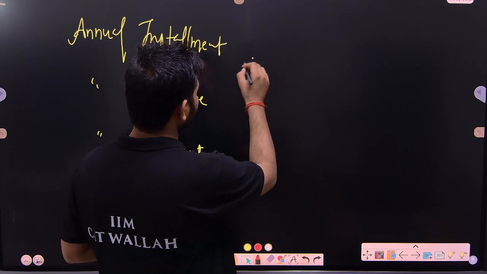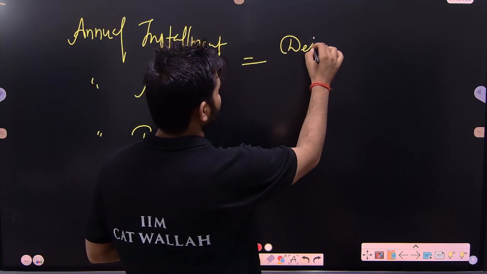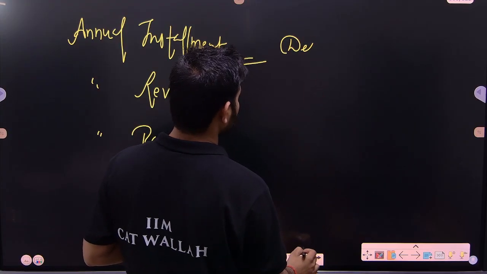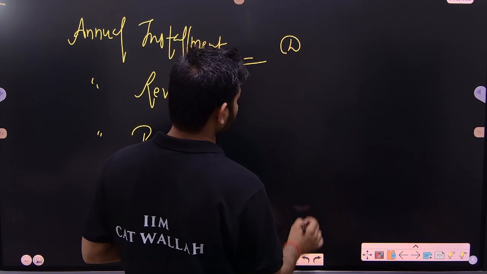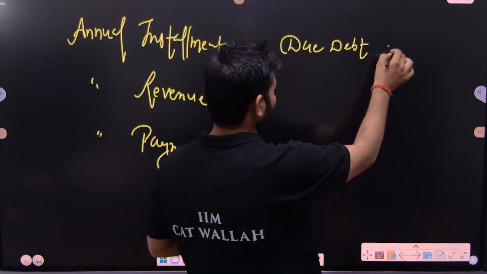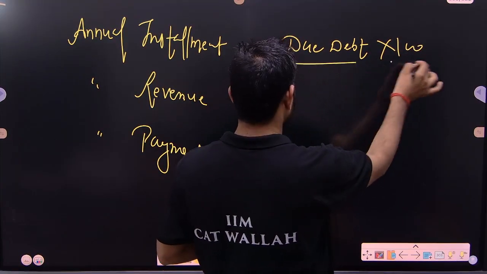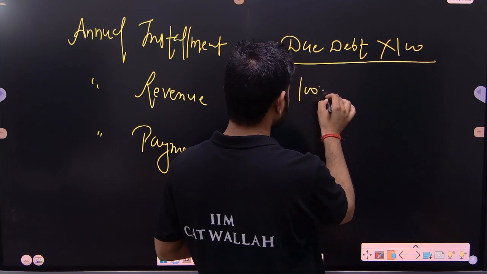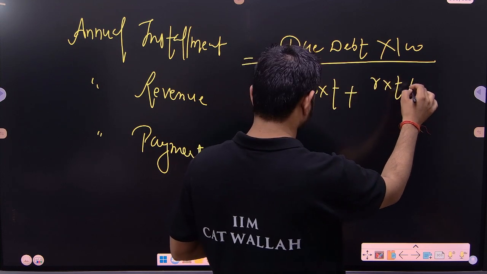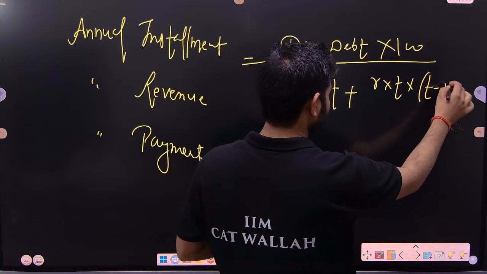Formula is due debt into 100 upon 100 into t plus r into t into t minus 1 upon 2.